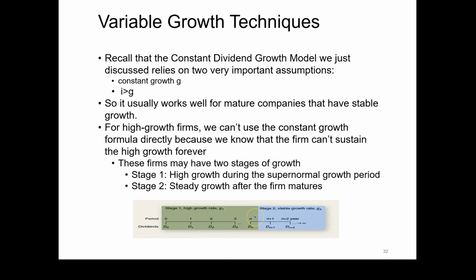But then, as the competition catches on, maybe they cannot maintain the same high growth rate for too long. So after certain years, the company will slow down and have a more stable growth. When that happens, for the stable growth rate, we'll call it G2. G2 is more like the constant growth that we look at in the last video.